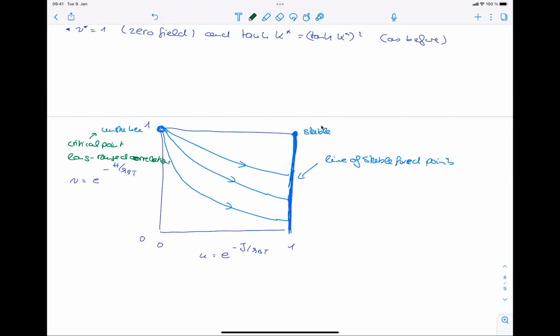And as advertised before, this is the one that marks the critical behavior, the unstable fixed point. And this line of stable fixed points, this is the paramagnetic state, which is disordered.